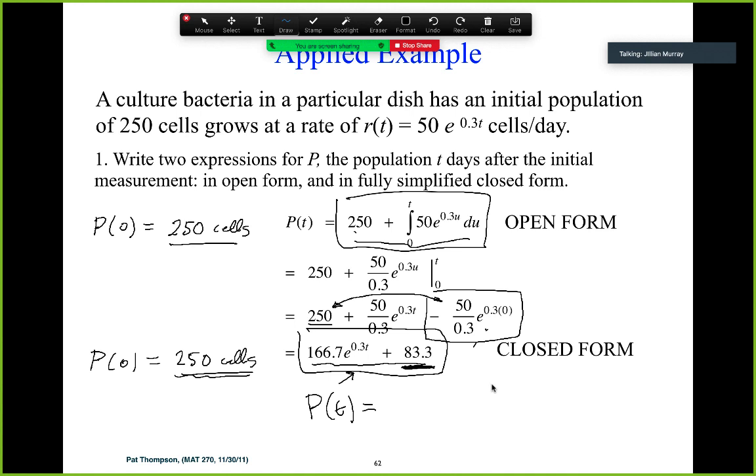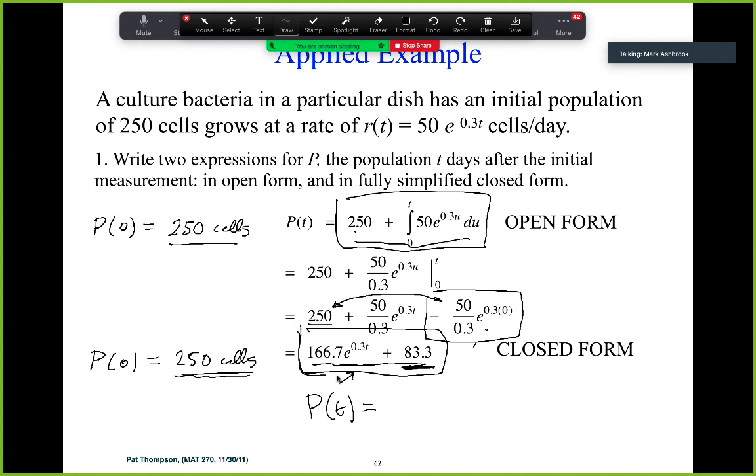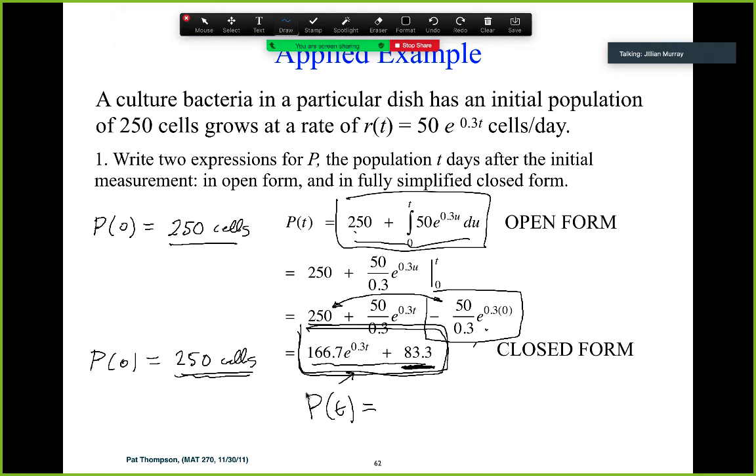Well, how many cells are there initially according to the closed form? Oh, it's still 250. If t is 0, it would be 250 still.